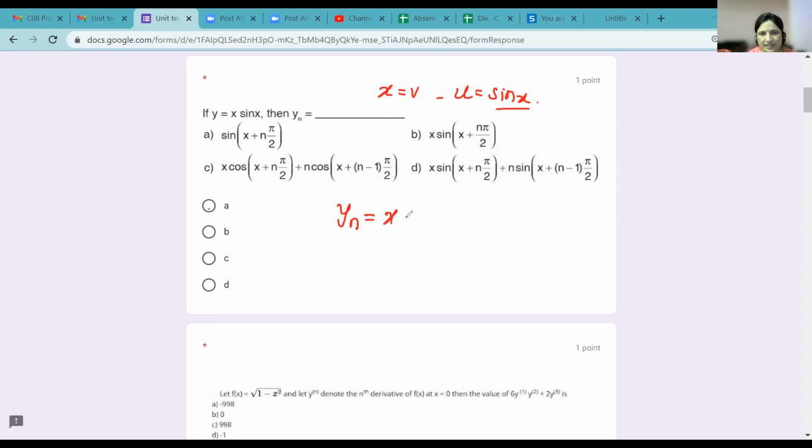So v as it is into the nth derivative of sin x, sin of x plus n pi by 2, plus n into the derivative of x, that is 1, into the previous derivative of sin x, sin of x plus (n minus 1) into pi by 2. Then tell me which option is the correct option? Option D. Yes, it is option D.